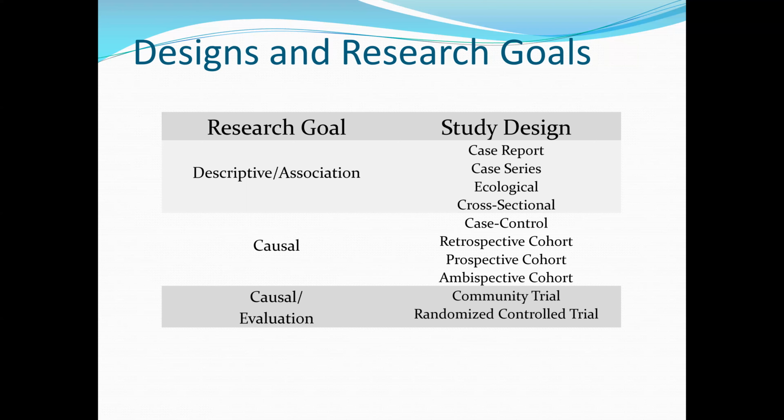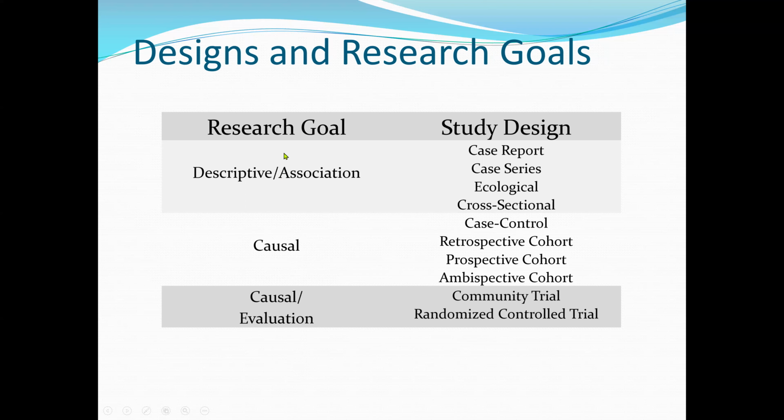And in conclusion, here we have the designs and research goals. As we said earlier, the research goal can determine the type of study design we should use. And in our previous lectures, which covered chapter 2, we discussed four types of research goals: descriptive, association, causal, and evaluation.